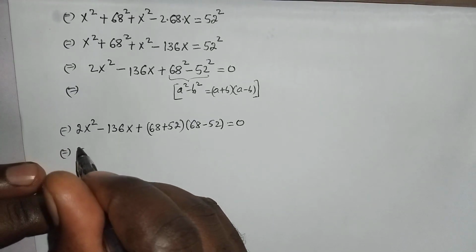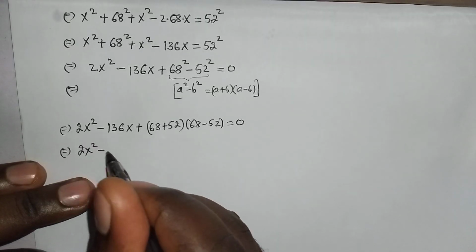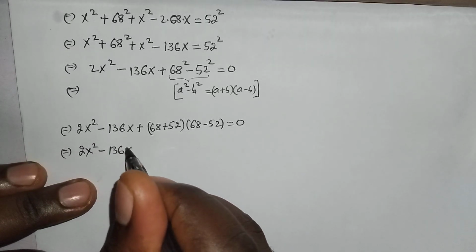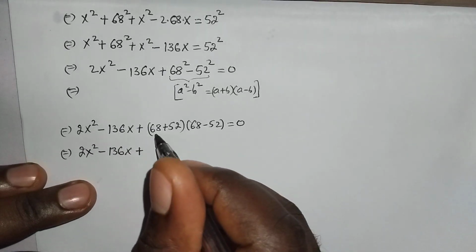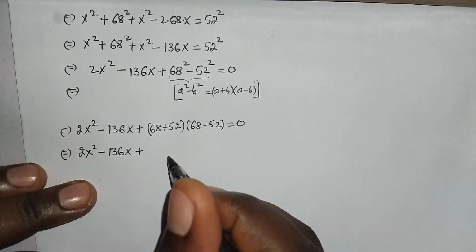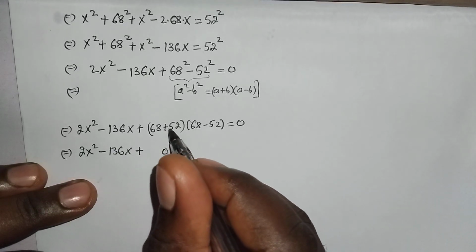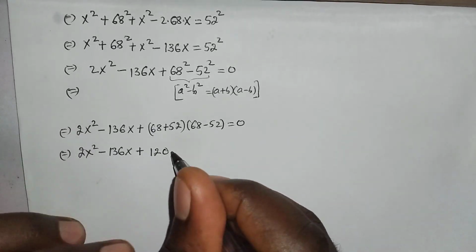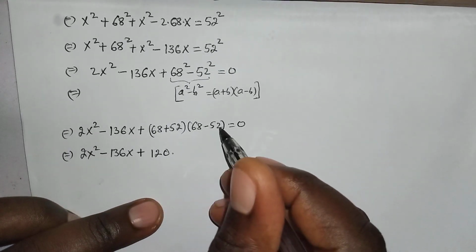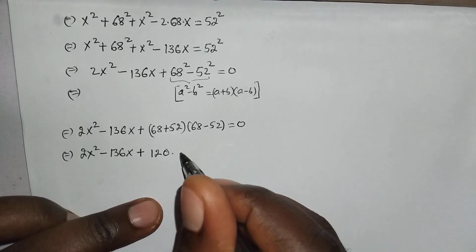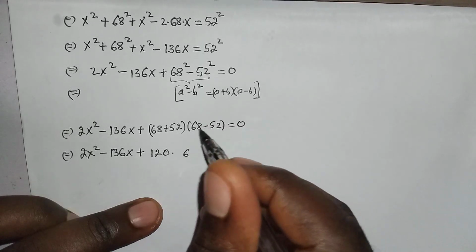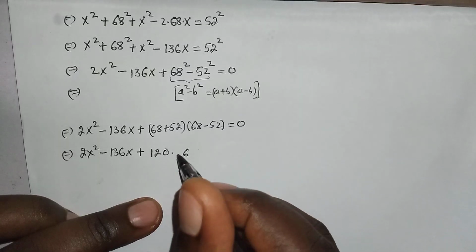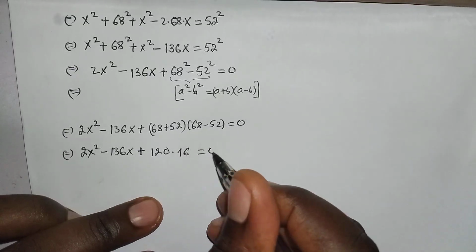This is equal to 2x square minus 136x plus 120 times 16, which is equal to 0.